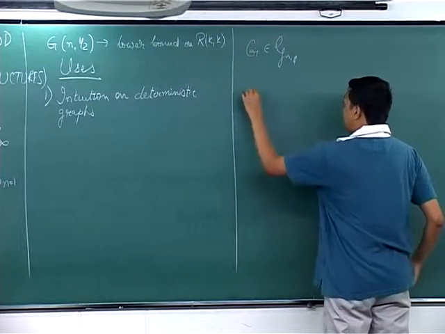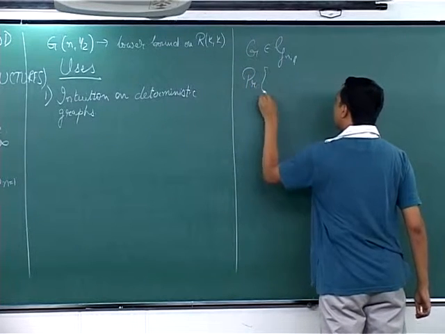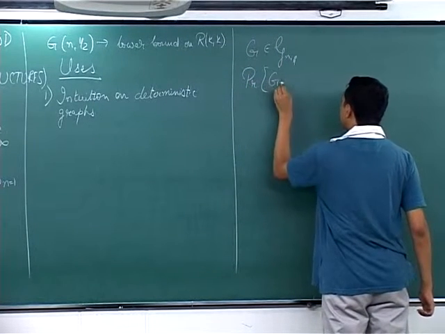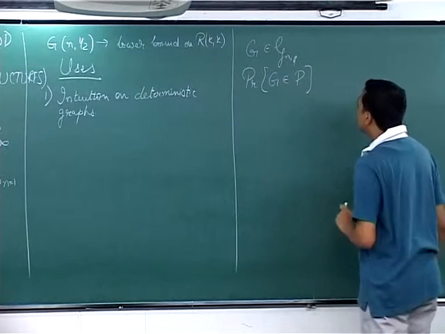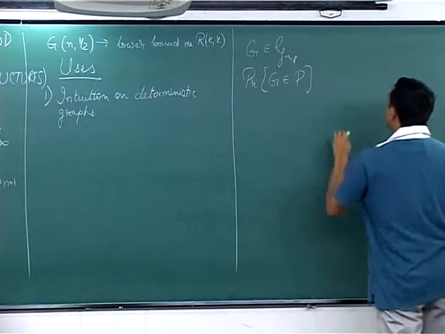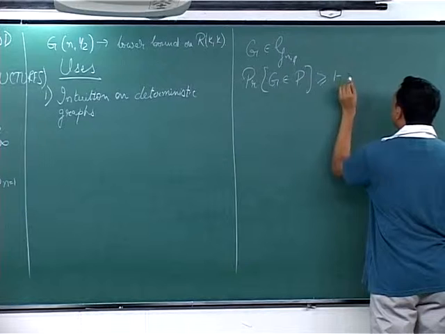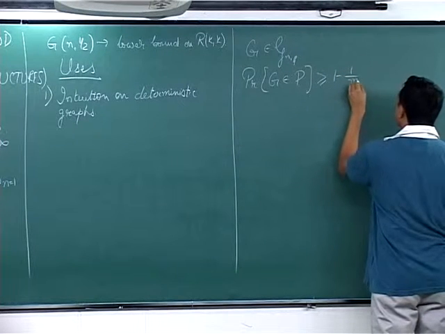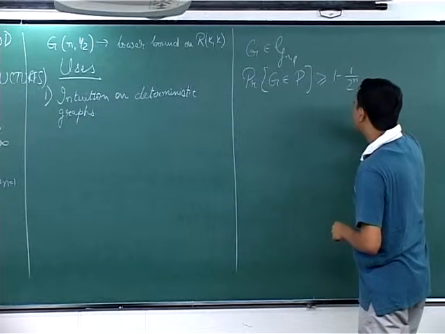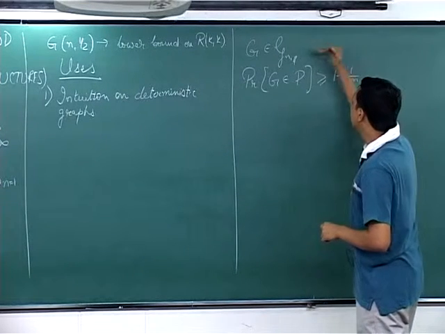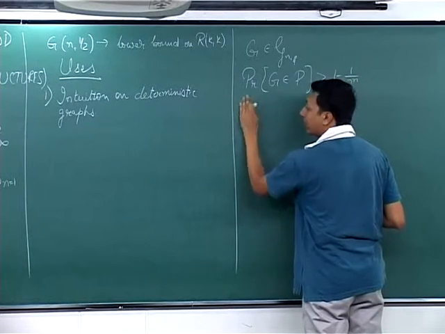Say this is the property P. Now if G satisfies P with probability greater than, let's say, 1 minus 1 by 2 to the power n, then what would it imply for the number of graphs here?